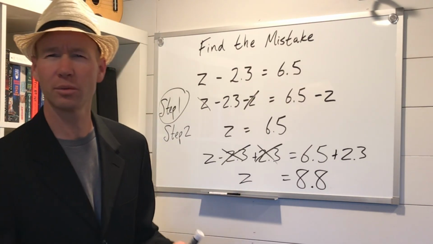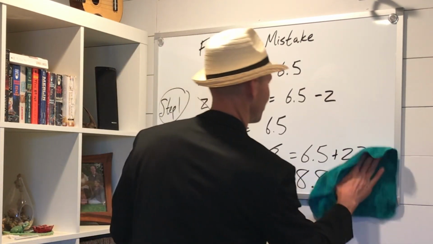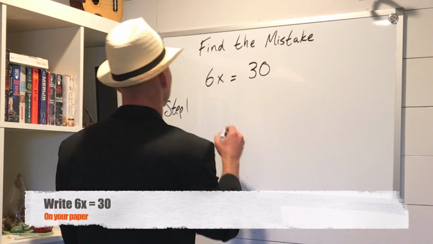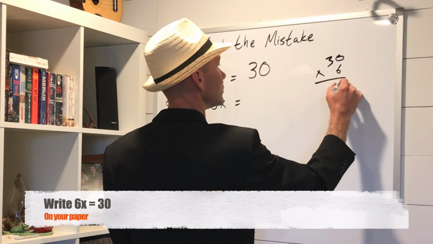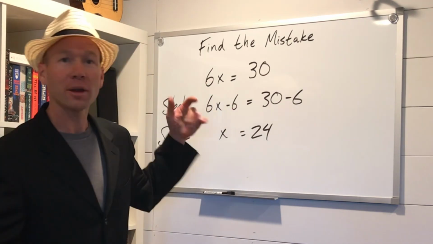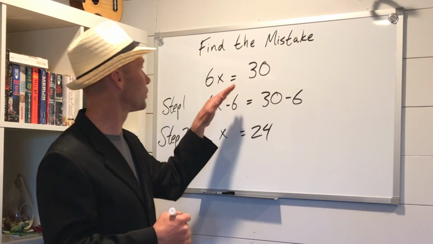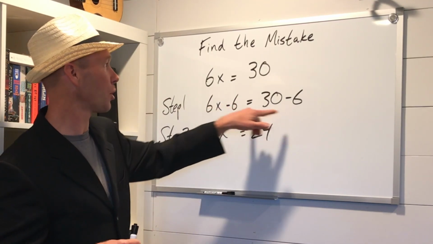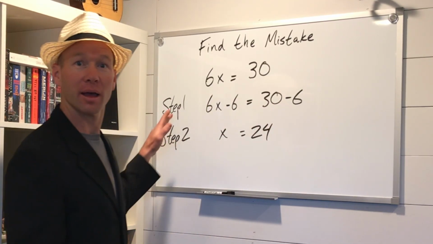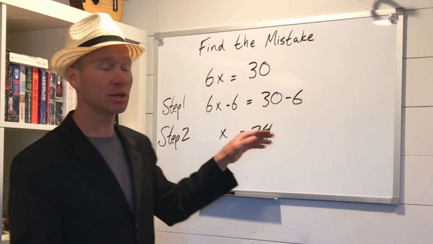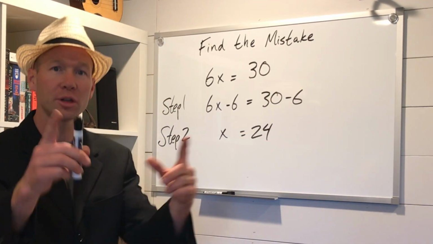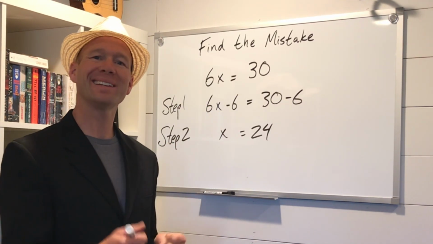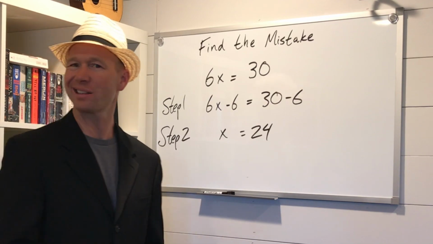Let's do another one. Let's do one with multiplication. All right, so we have 6x equals 30. I took away 6 from both sides of the equation, and I got x equals 24. I want you to pause this video and think about and write down what my mistake was. Write a sentence.